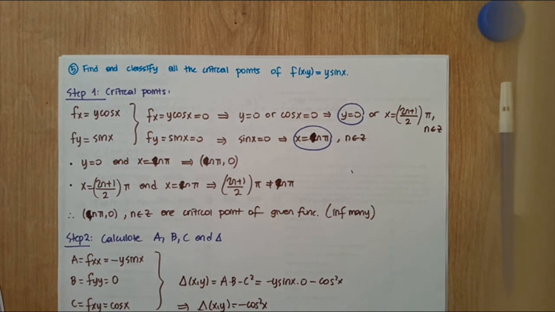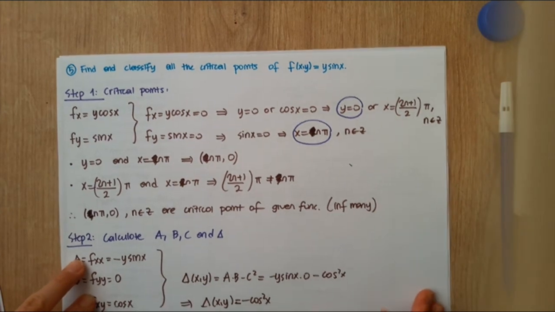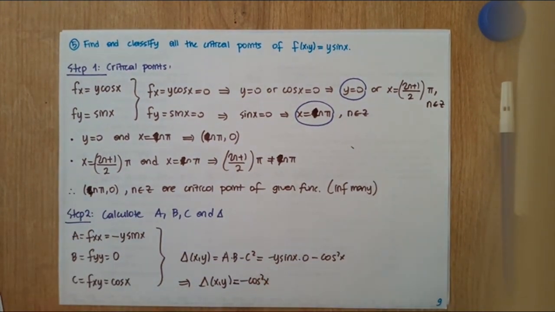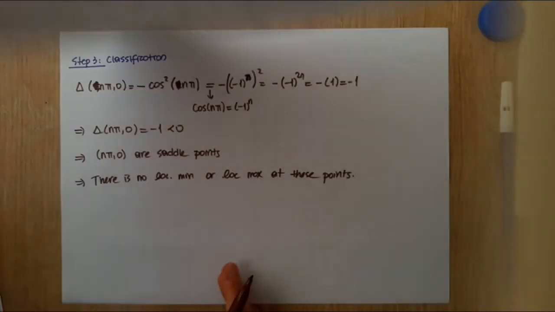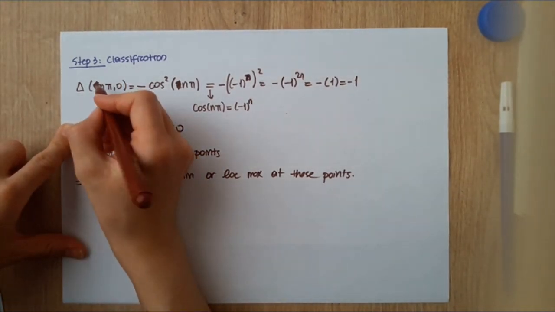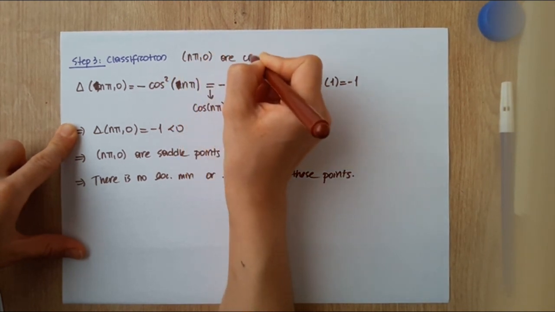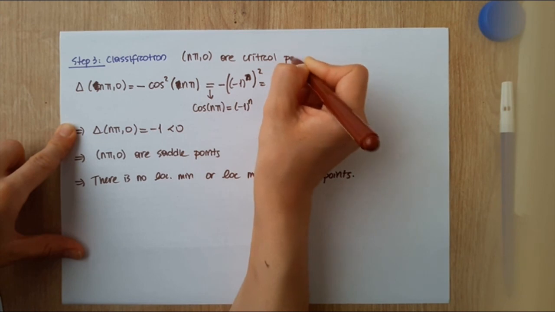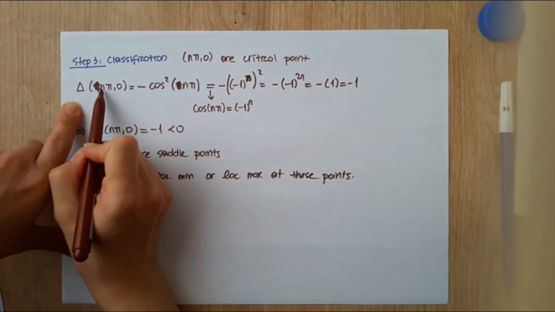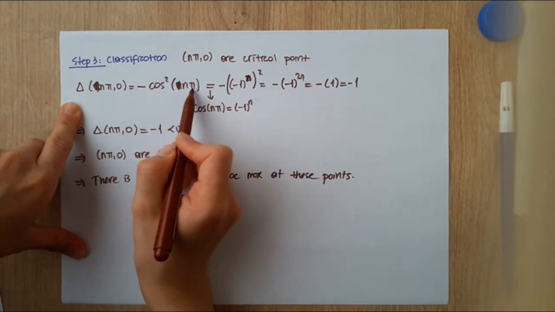So to classify those critical points, we calculate A, B, C, and delta. We have obtained that delta is minus cosine squared x. Then if you substitute n pi, you will have minus cosine squared n pi.